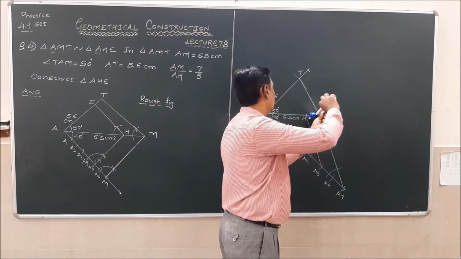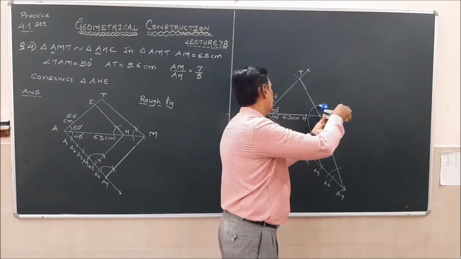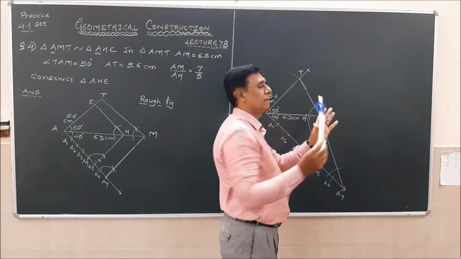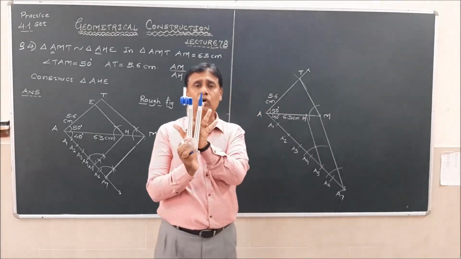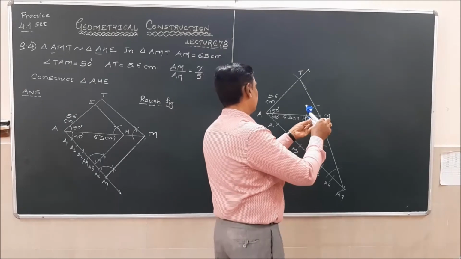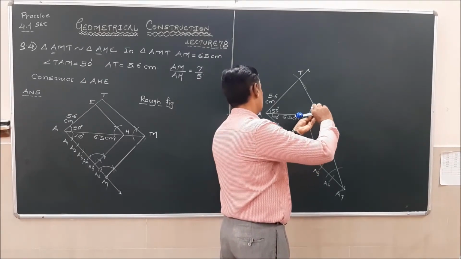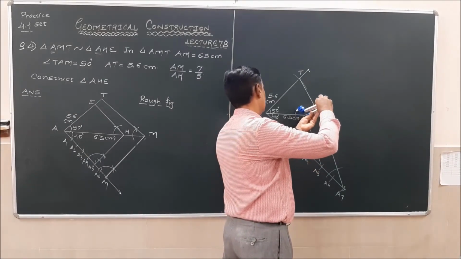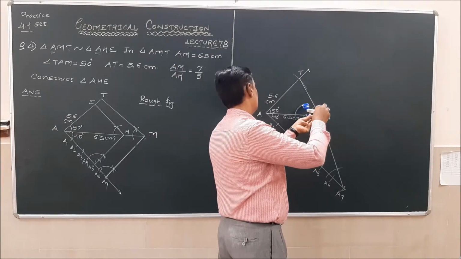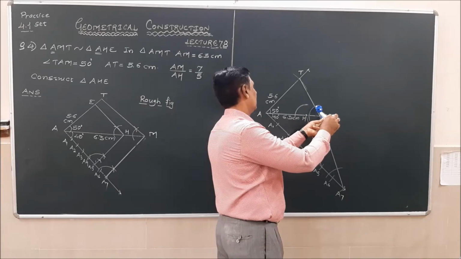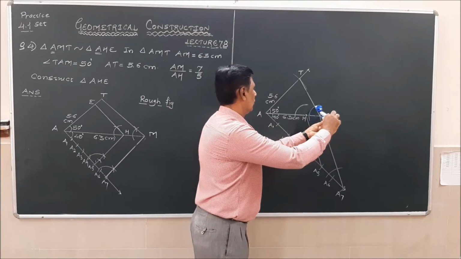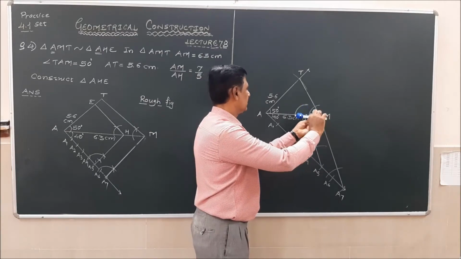Not changing this distance, keeping the same distance, place the middle point on H and draw the same arc. Please see here, whatever arc I have drawn, taking the same distance.